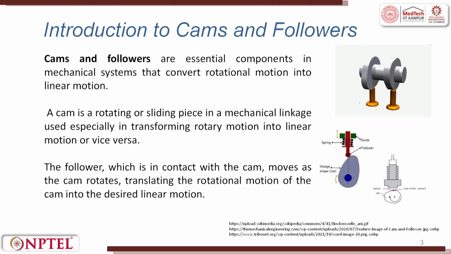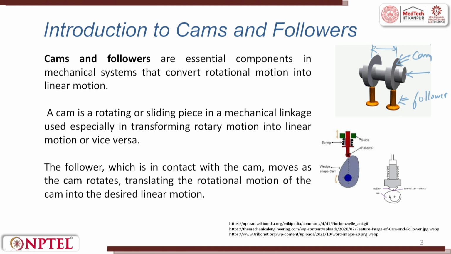This video clearly shows what is CAM and what is follower, and why you need it. When a rotation motion is given to a shaft, the cams are oriented in different directions and at different distances, and you can see them in one circle.